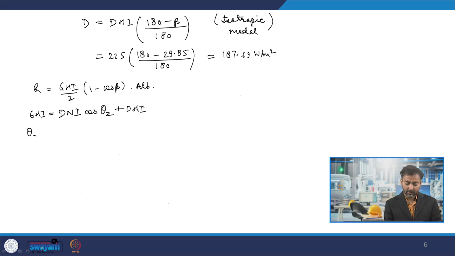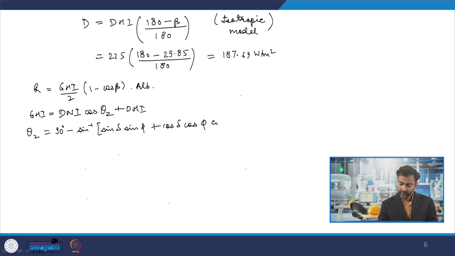So, first the estimation of solar zenith angle theta z is given by this expression: 90 degree minus sine inverse of (sine delta sine phi plus cos delta cos phi cos HRA).